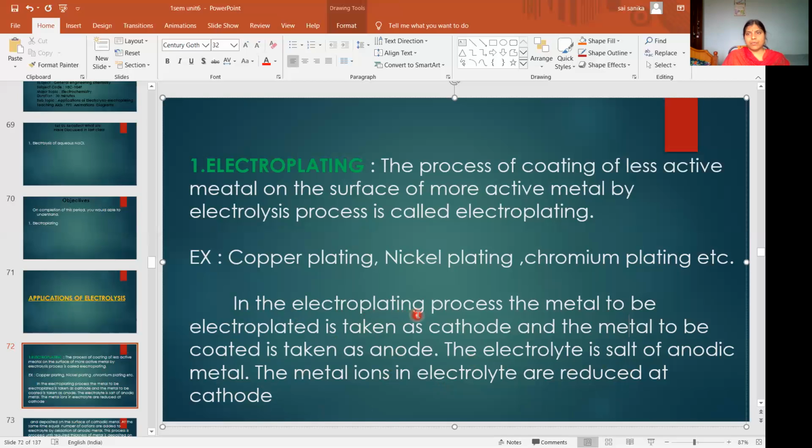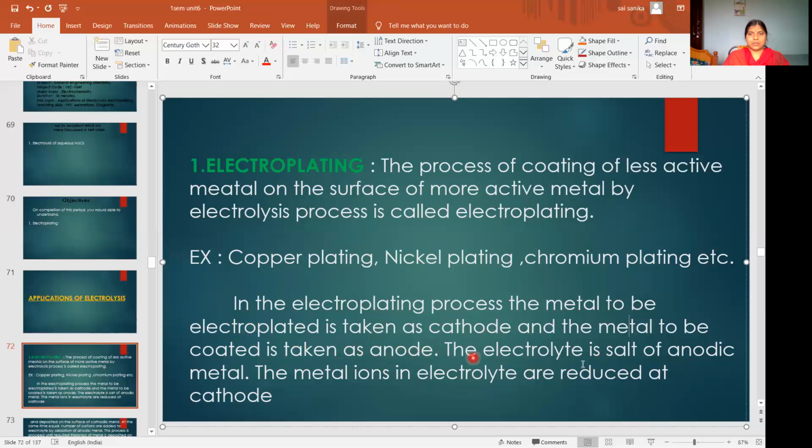The process of coating a less active metal over a more active metal by electrolysis is called electroplating. The metal to be electroplated, on which you want to coat, is taken as cathode, and the metal you want to coat it with is taken as anode.